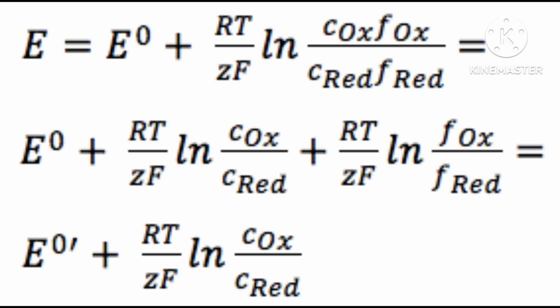That is carried on always, 0.059 divided by n. It will be with Zn before the log, and with copper also before the log. Now the major things you have done. Fourth step: both standard electrode potentials you have written together.